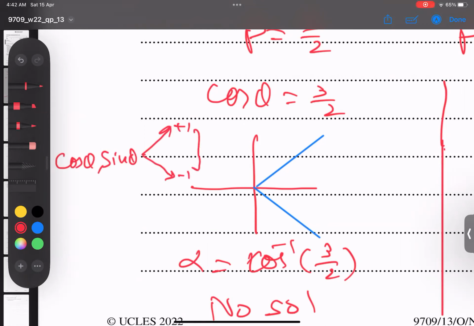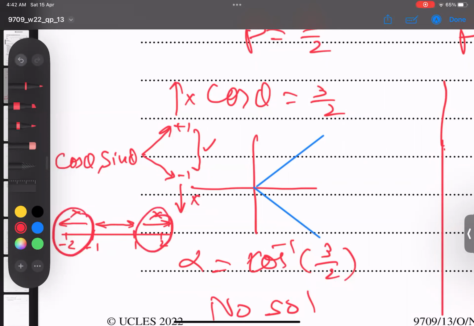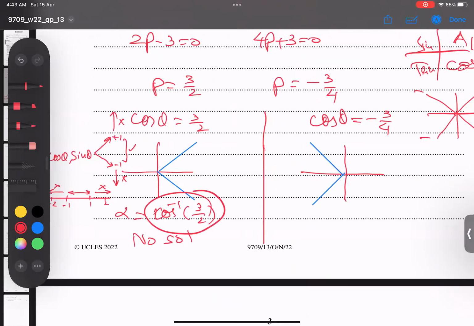In the middle is okay, but below this number and above this number is not possible. Even -2 or +2 onwards does not exist. That is why this is 1.5. When these values come above 1 or below -1, no solution will come from here. But I showed a working so you can understand even from here.